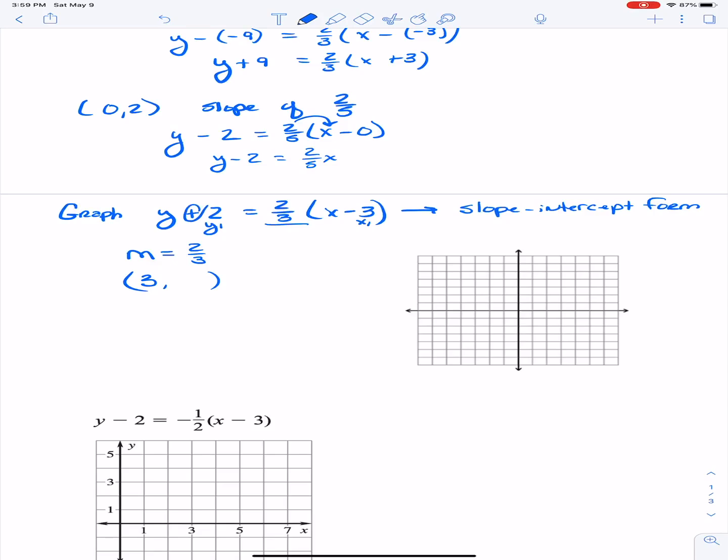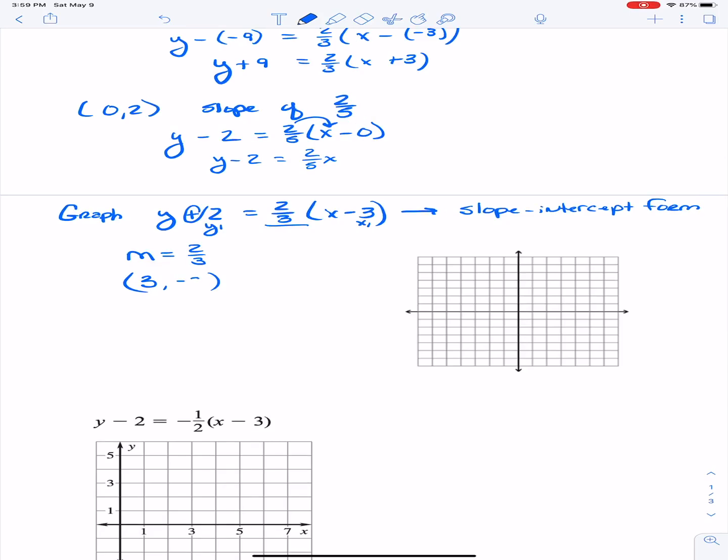We know that our y1 has to be negative because the original equation is y minus y1. So we know that this 2 has to be negative because the sign has been changed to positive. So we can now graph this equation just using these two pieces of information. And this is just like the graphing with the slope-intercept form. So I'm going to come over here. I'm going to find 3 and -2, and I'm going to put a point there.